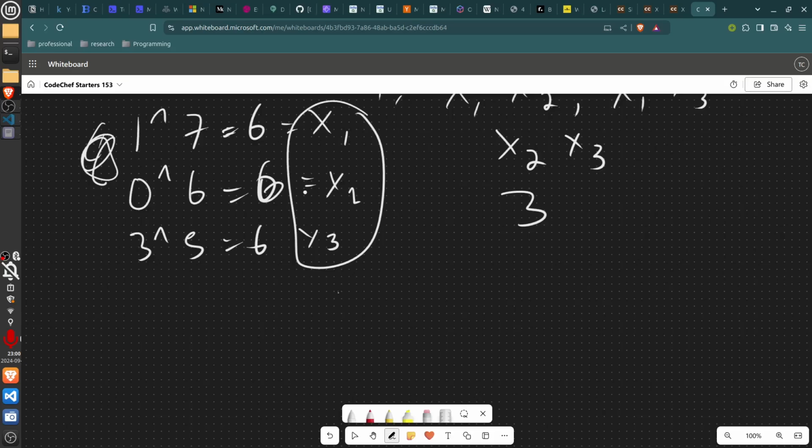Also, since all the elements are distinct, there's never going to be a shared element in here. Because if an element XORs with something, there's only one element it can XOR with to equal 6. You can't have 1 XOR 7 and then 1 XOR something else, and they're both equal to 6.